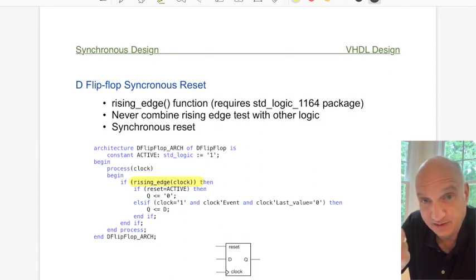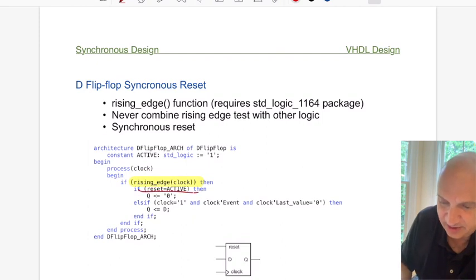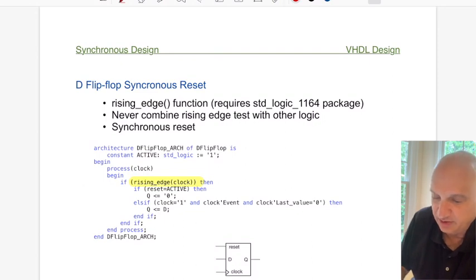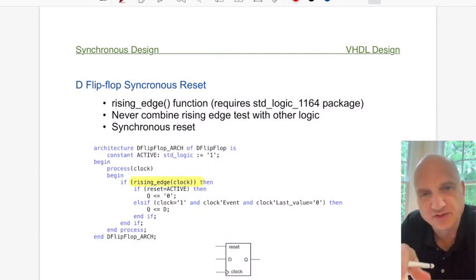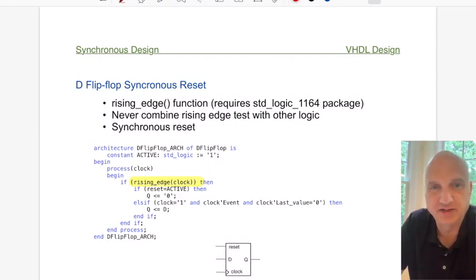Then inside that block, we check for the reset active, and the other stuff. Now there's a reason for that. It's tempting, if you're used to writing in other languages that aren't hardware focused, to say, well, why don't I just say if rising edge of clock and the reset's active, all in one line? Wouldn't that make it cleaner? Just say if rising edge and the reset active.